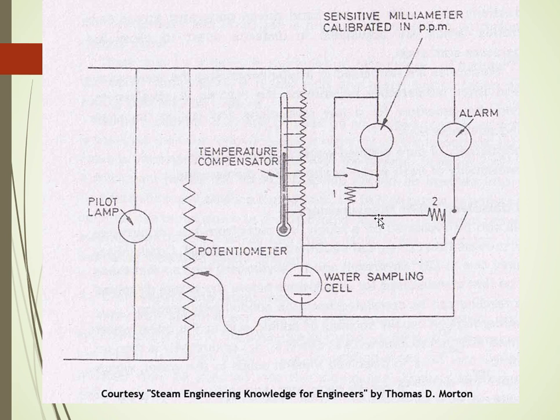The working is like this: when the impurity content in this water sampling cell exceeds a fixed value, the current is sufficient to operate relay number 2, this one, closing the switch and giving out an alarm. Also, the current will pass this way into this milliammeter, and it will show the reading.